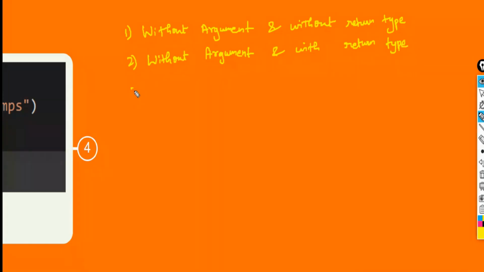Then the third method will be with argument and without return type. Then finally we will have both with argument and with return type.